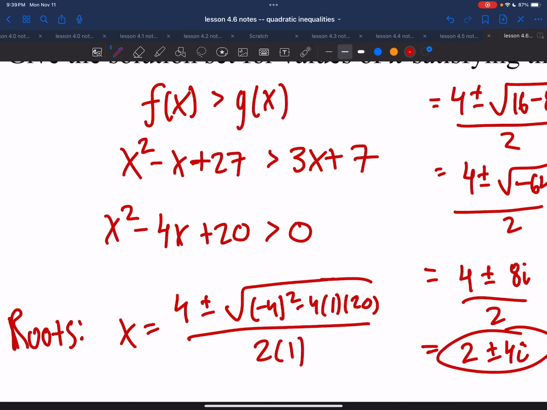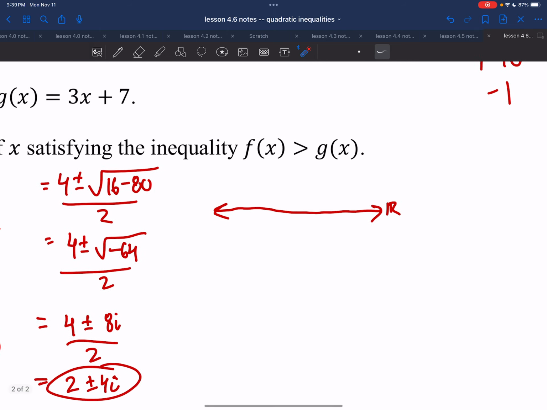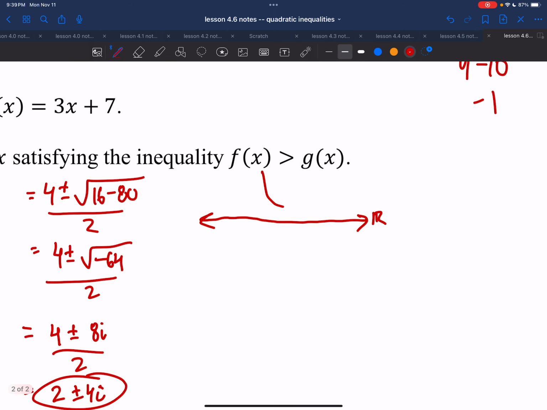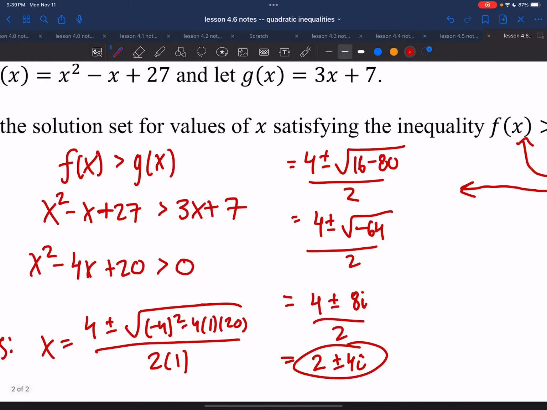So just what's the easiest one to do is plug in 0. 0 squared minus 4 times 0, that's all 0, plus 20. Plus 20 is positive, right? So what that means is the parabola is above for all real numbers. It's always above this x-axis here.